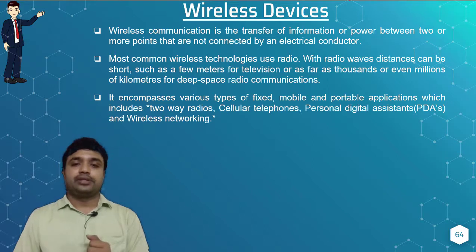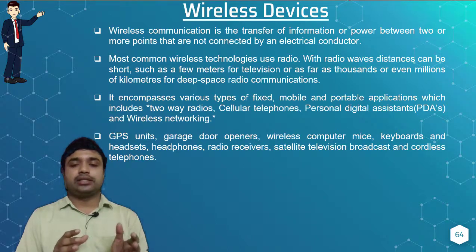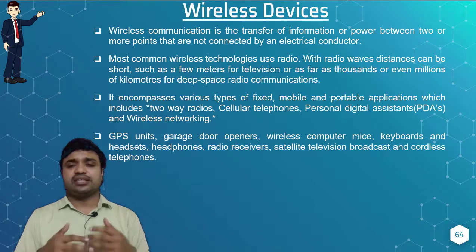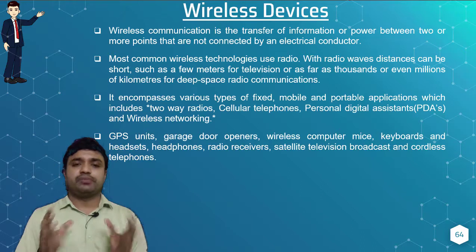Some of the applications which make use of wireless implementations are GPS units, garage door openers, wireless computer mice, keyboards and headsets, headphones, radio receivers, satellite television broadcast, and cordless telephones. All these equipment make use of wireless means of communication.